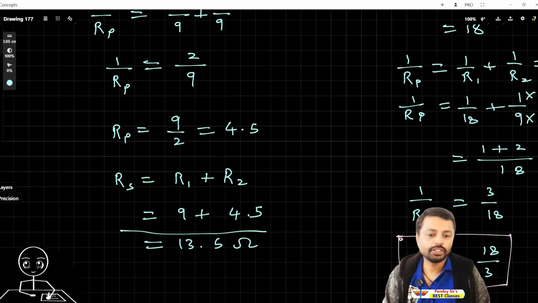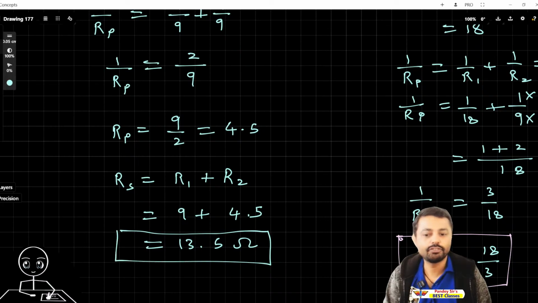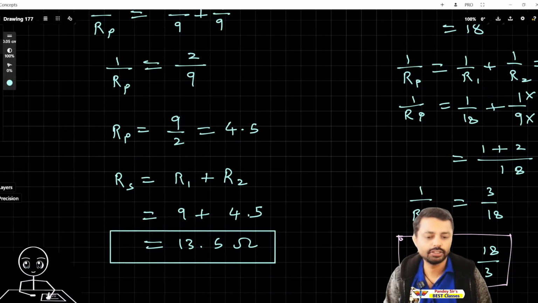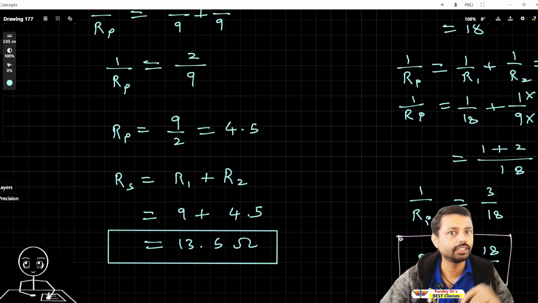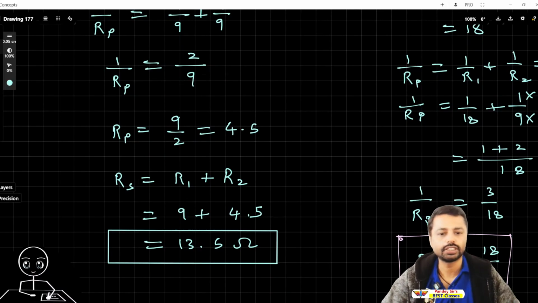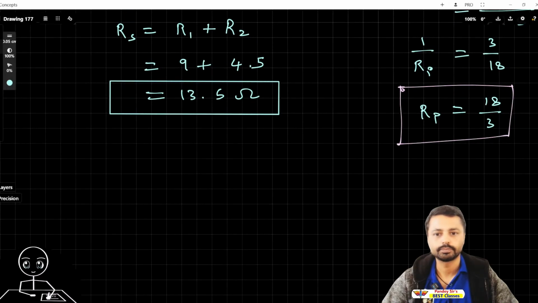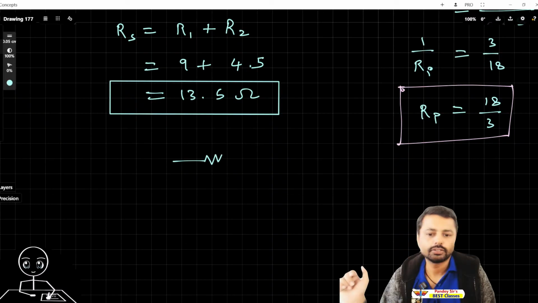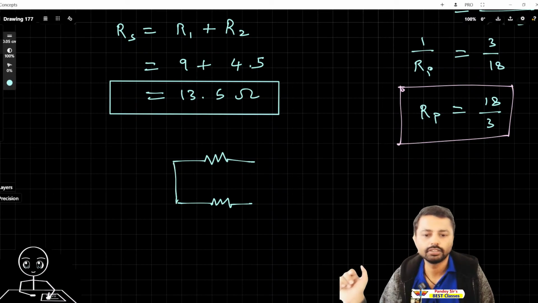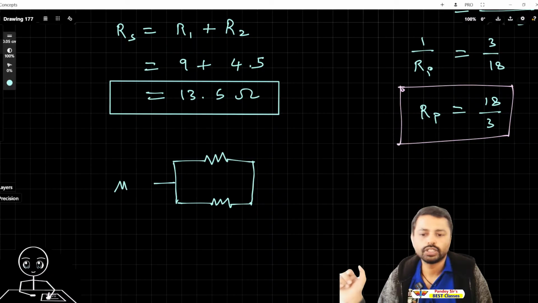So, what about the diagram? If they ask the diagram further, let's say this question was not only for 3 marks but for 5 marks, then you need the diagram also. So let's try the diagram once. We got 2 in parallel, and 1 is in series.